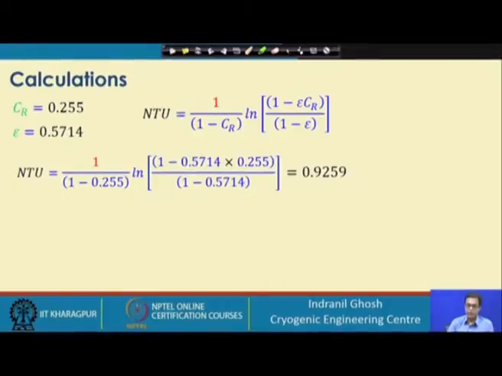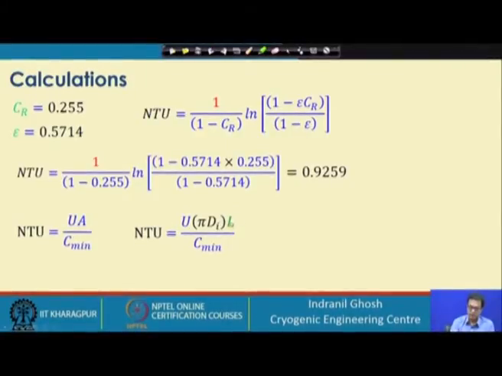UA we can also write as U into pi di into L, that is the area through which heat transfer is taking place. And you see, what are the parameters we know?